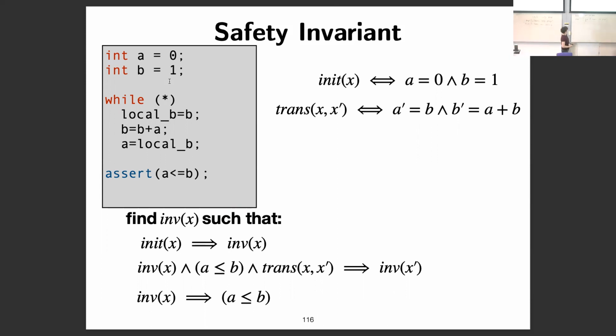If you had a loop with a loop condition and you wanted to assert that some property held after the loop, you could say that at the end, the invariant and not the loop condition implies that the property holds. Is that the same thing as not trans?